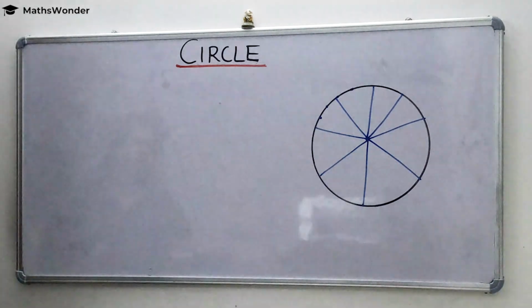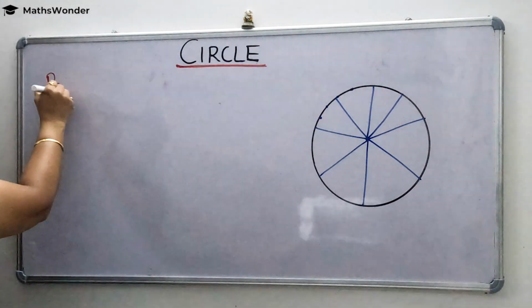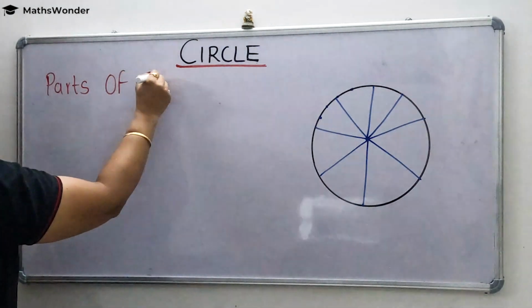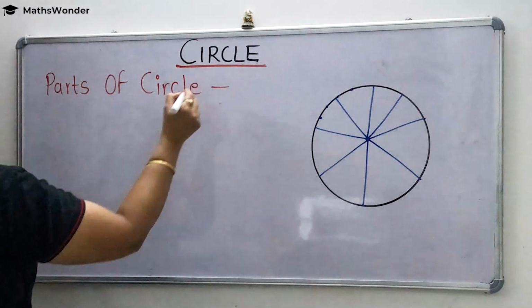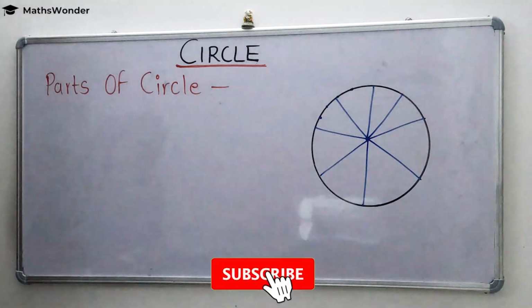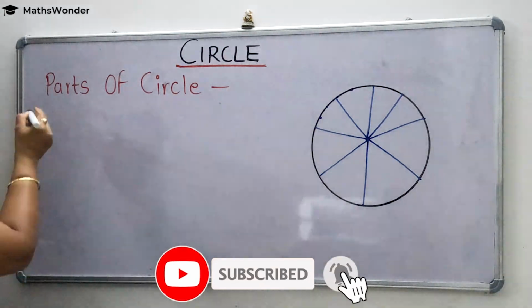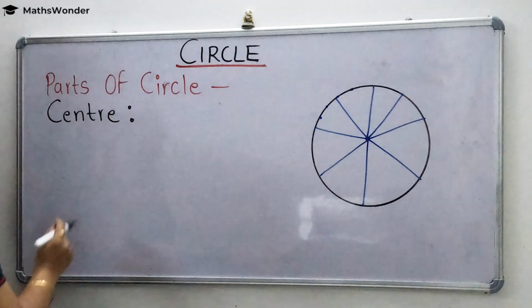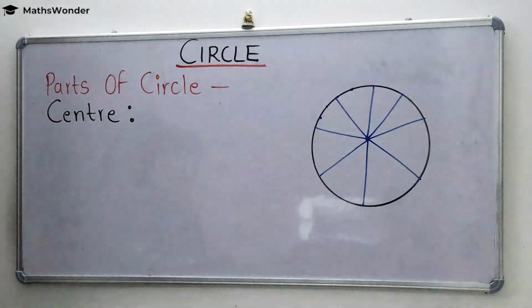Now come to the important thing, which is parts of a circle. First of all, we will understand the first part of the circle, which is the center. What is the center?